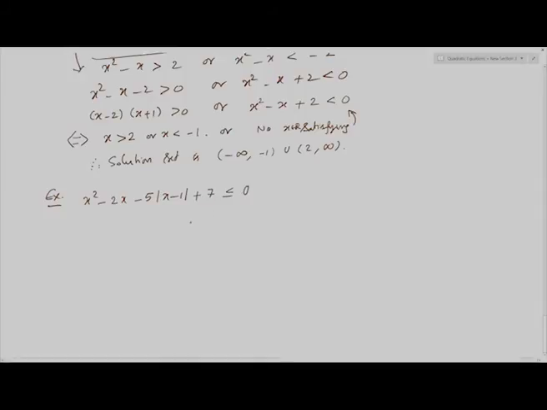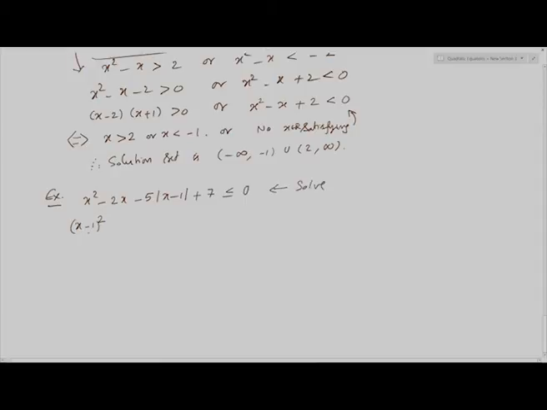Now by looking at this inequality, if I look at the first two terms, x square minus 2x, this is exactly behaving like x minus 1 whole square except the constant term. So I want to solve this given problem.